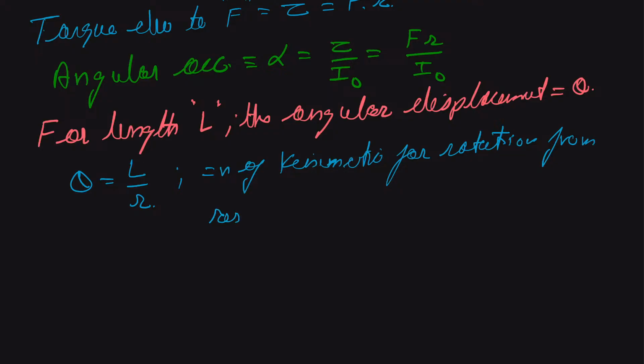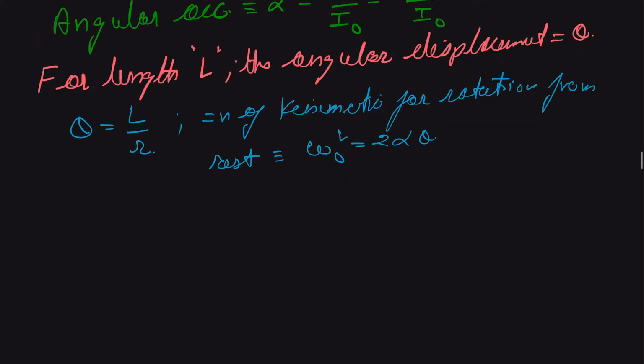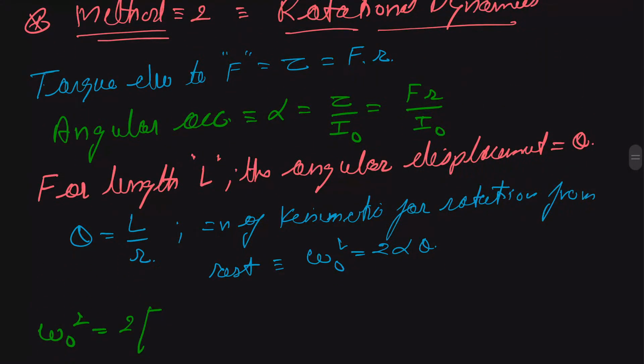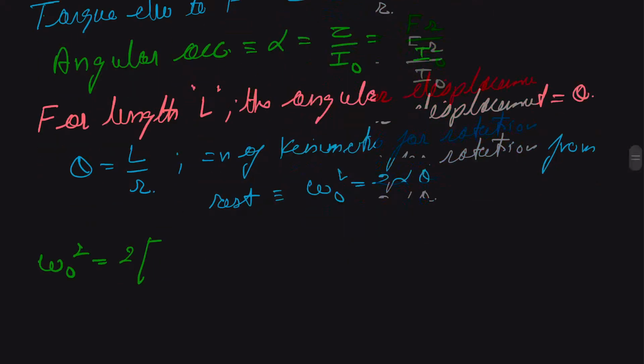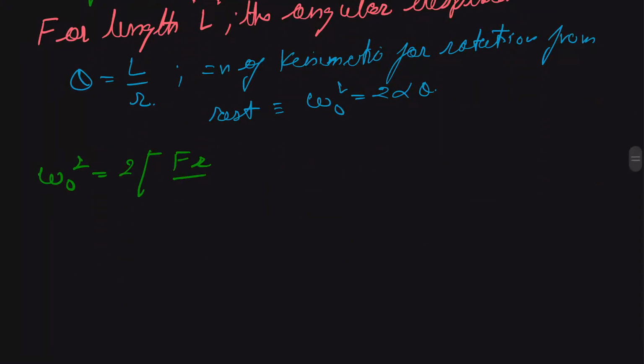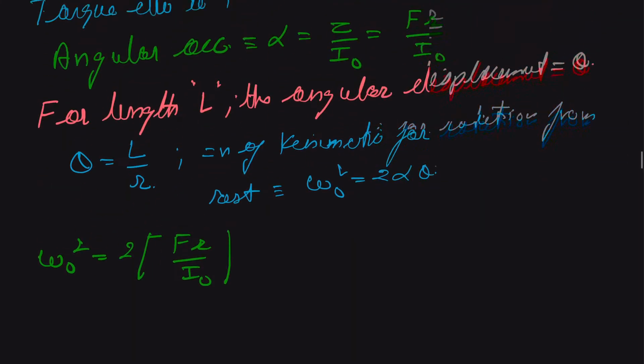The final angular speed is omega naught, so omega naught square will be equal to 2 times alpha times theta, since initially it was 0. Substituting, omega naught square is equal to 2 times Fr upon I naught, times theta, which is L upon r.